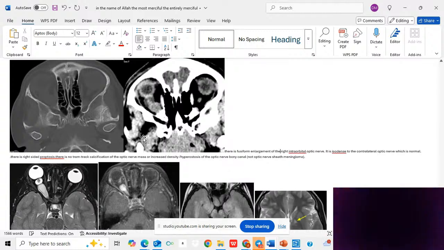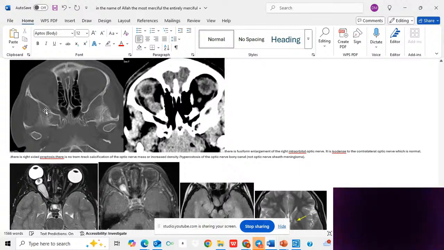On CT scans, you need to mention that there are no tram track calcifications of the enlarged optic nerve. There is no tram track calcification here. And also there is no increased density seen here. You need to check for the increased density here. So these images are important, both of them.